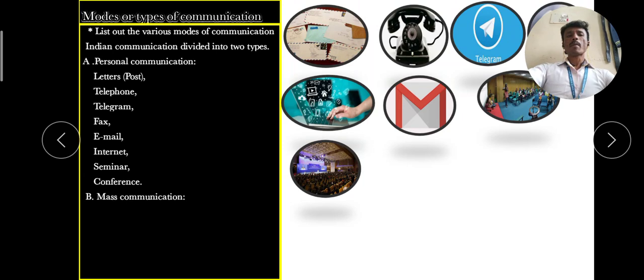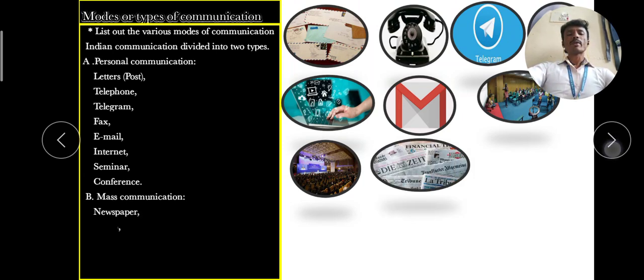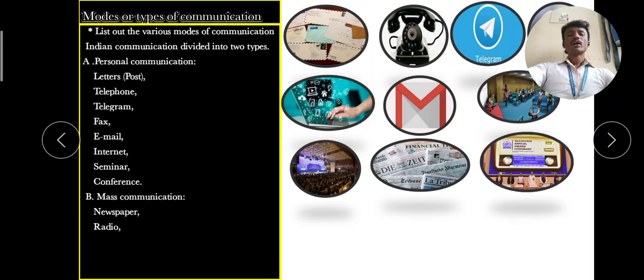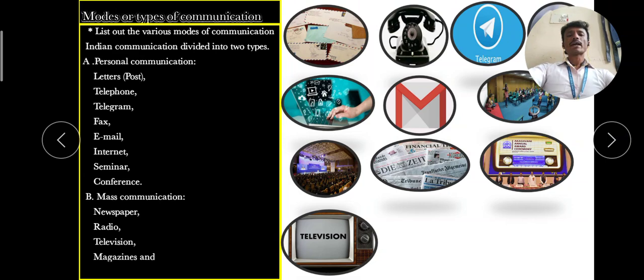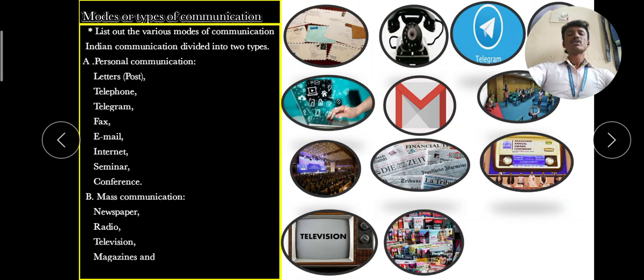Another one is mass communication. What comes under mass communication? Newspaper, radio and television, then magazines, then books. These all come under mass communication.